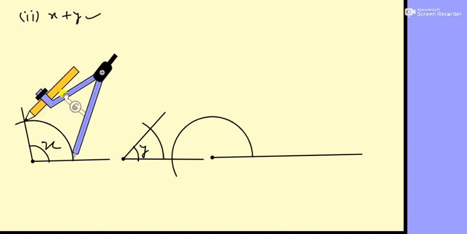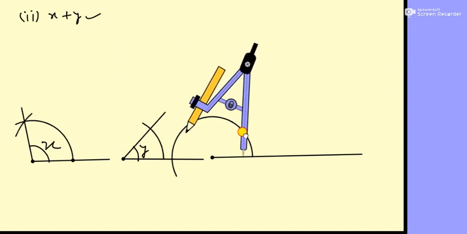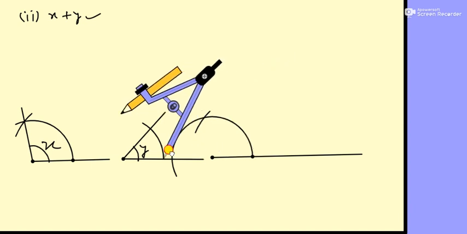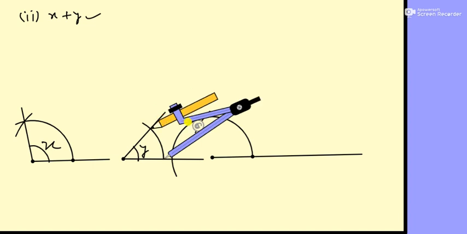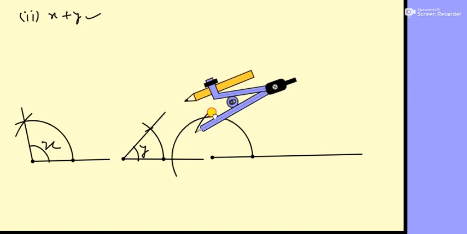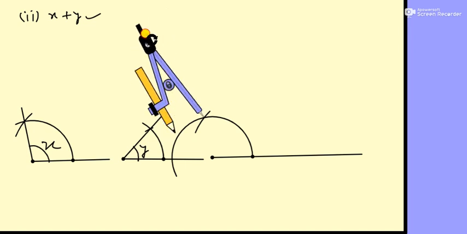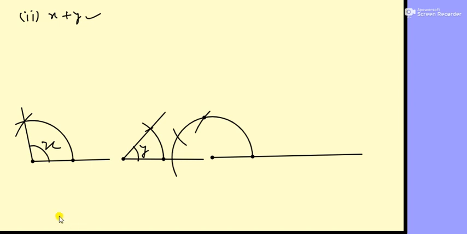This length I want to measure, and now cut the arc like this, and take the same distance and cut an arc like this. Once again take this distance y with the help of this roundel and make an arc like this, and from here you can make a second arc here, this one. Yes, now remove the roundel, and with the help of the scale we can draw a line.